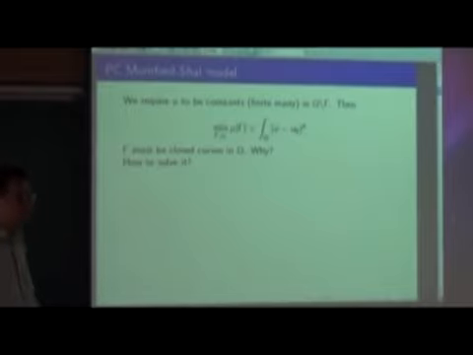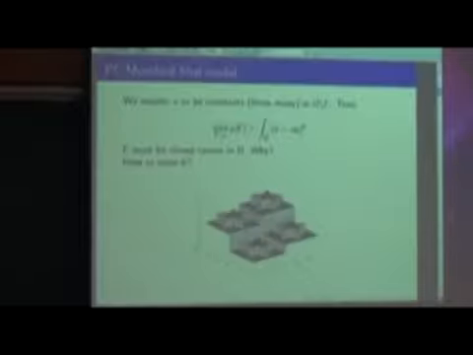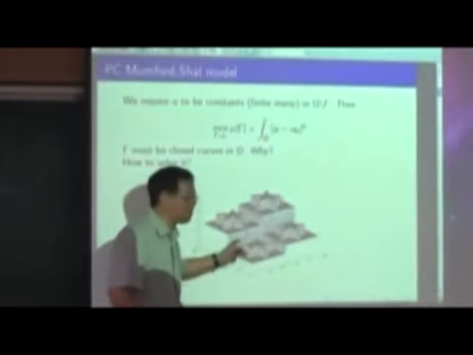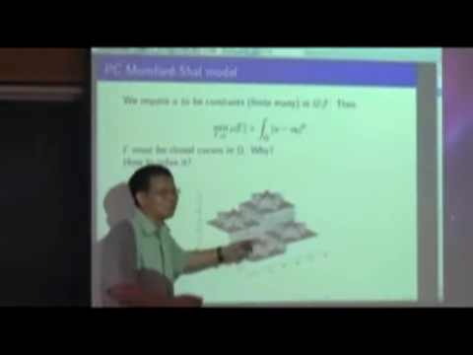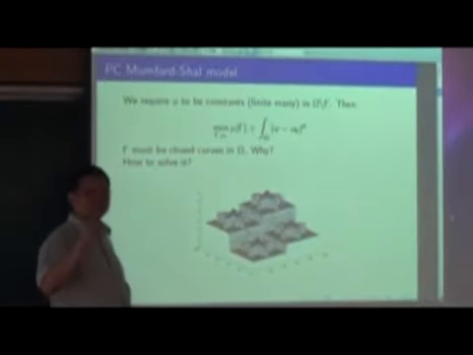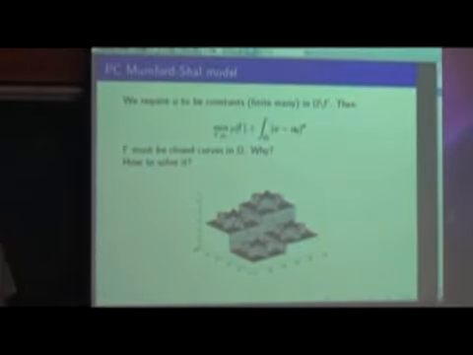Because you only take a finite number of constants, the boundary must be a closed curve around each constant region. So piecewise constant Mumford-Shah cannot handle open curves, but the general Mumford-Shah can.